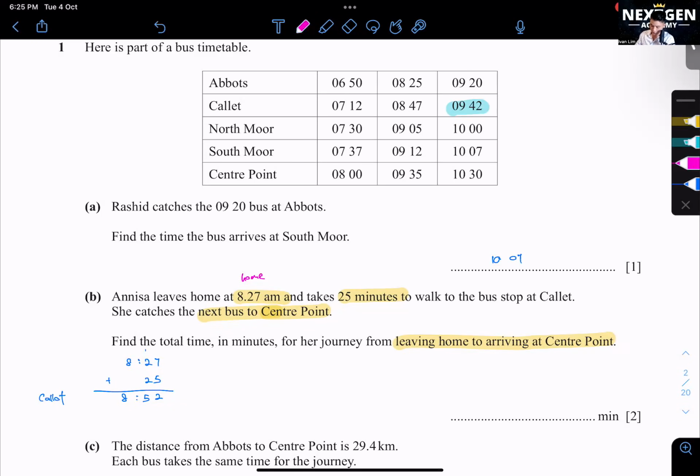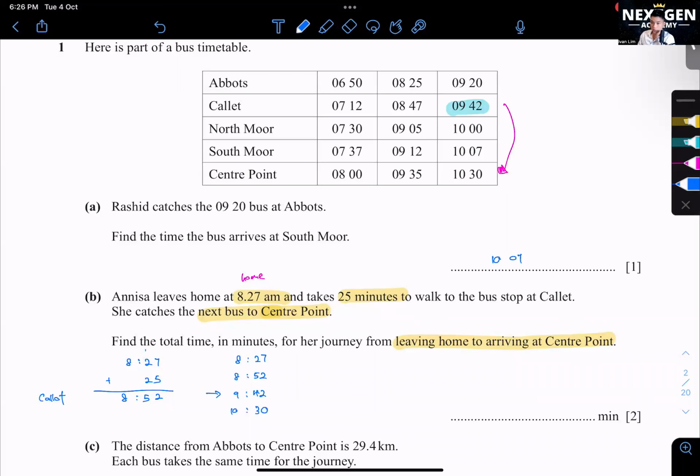She catches the Kellett bus at 9:42 and then goes to Center Point. So that means from here, reaches here. This is how you see the journey. At 8:27, it arrives at 8:52, but then she can only take the bus at 9:42. At 9:42, it reaches at 10:30.